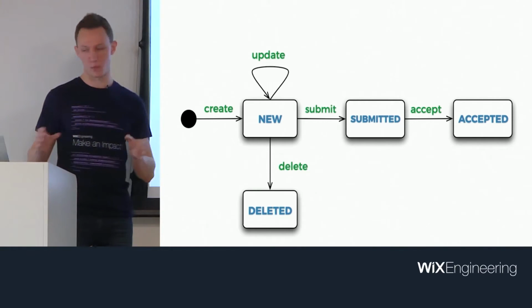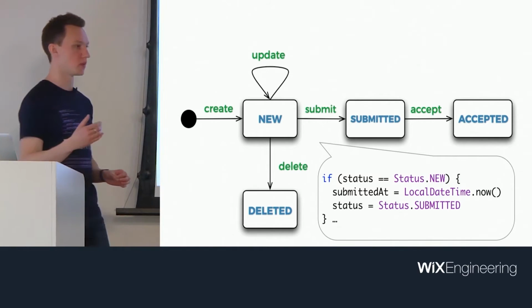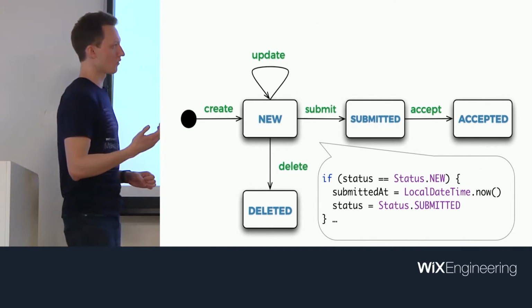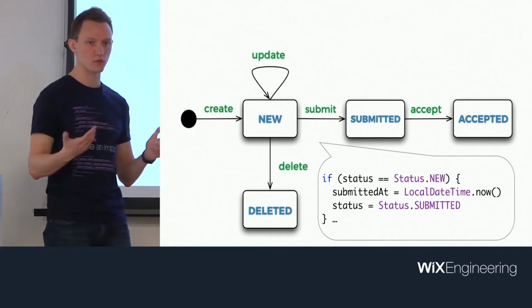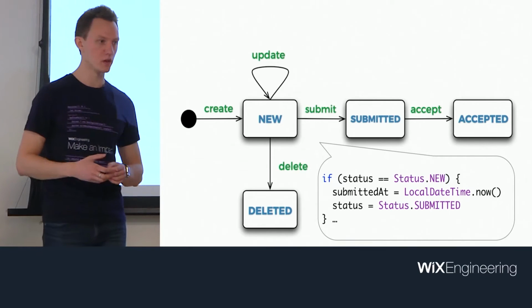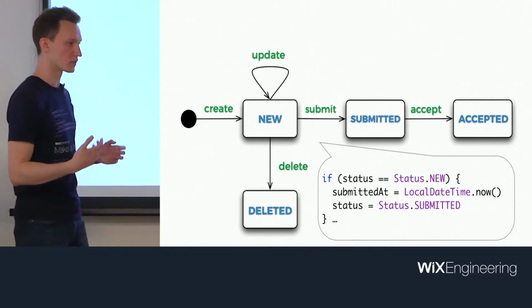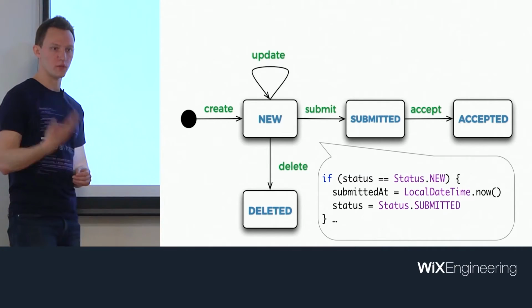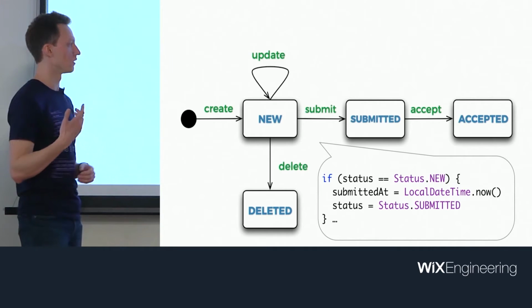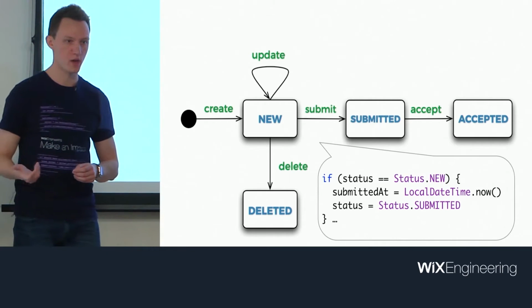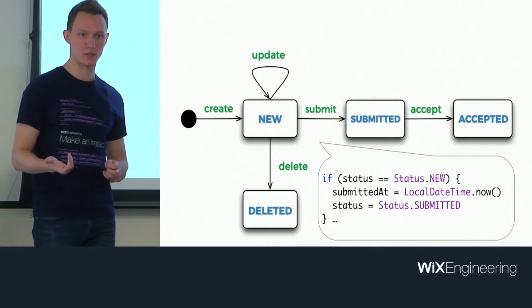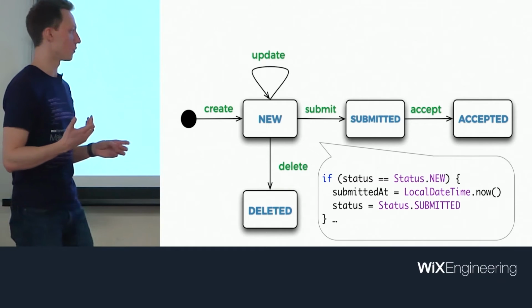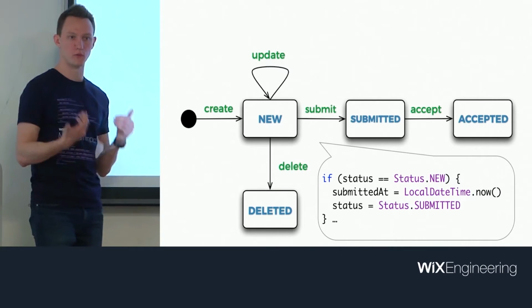The point here is that when you look, for example, at the submit action, it's already not a simple CRUD. First, you have to check if your state transition is valid. Then, if this check passes, you have to assign the submitted at time. Then you have to actually change the state. The interesting part is that submitted at cannot be filled in by the client.